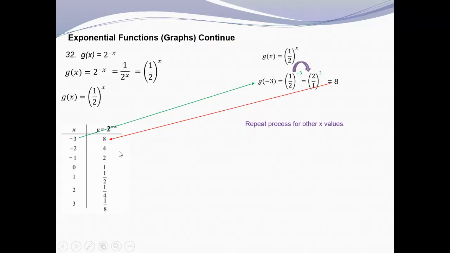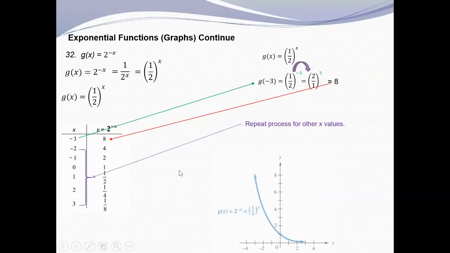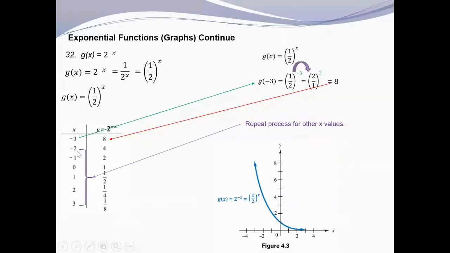Now, if we repeat the process for all the values, this is what we get. Because when x is negative 2, we do the same type of evaluation here. It's going to be 1/2 to the negative 2 power, right? We flip, we use a reciprocal, and then we make the exponent positive.